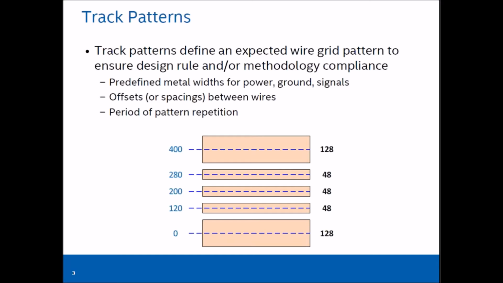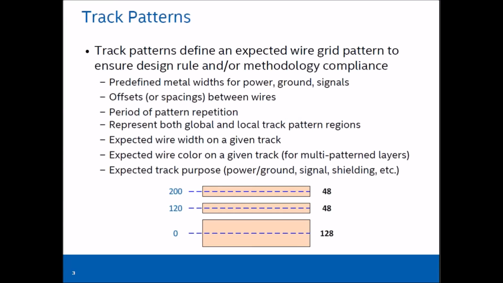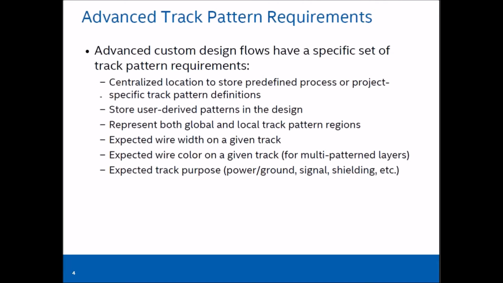And anyway, these track patterns define locations for the wires and the intended widths for the wires on a given track, and sometimes an indication of what that track is intended for, whether it be a power or ground track or a signal track. And then it has a period of repetition so that it repeats out throughout the design. Those were the basics.